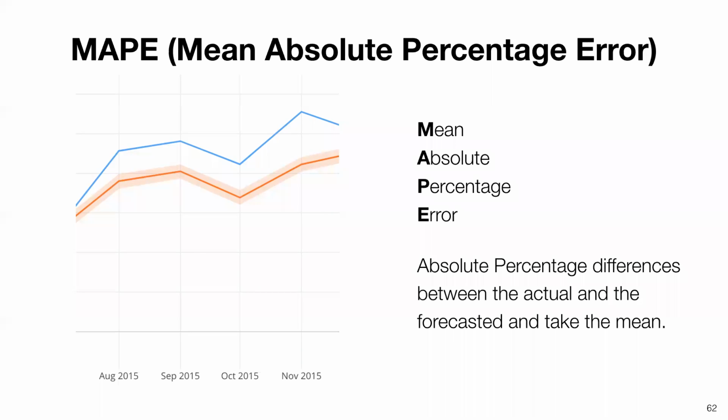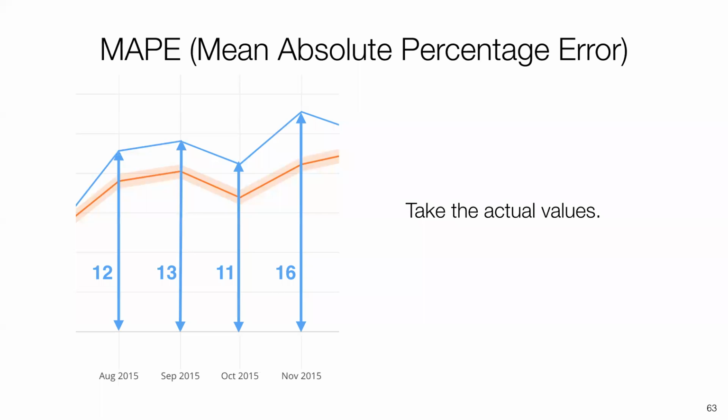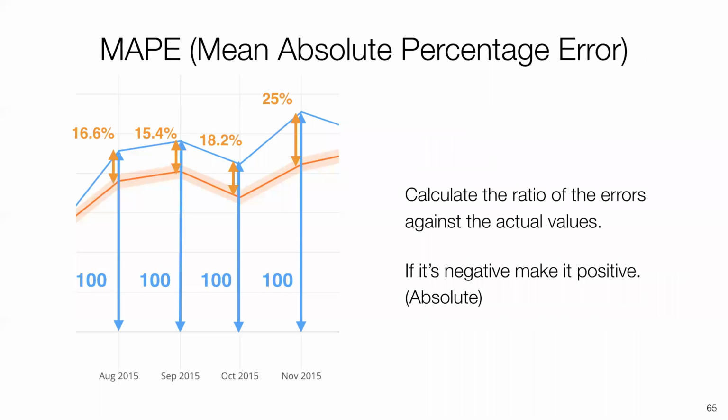So we want to make it a sort of percentage, the absolute percentage difference between the actual and the forecasted, and then take the mean. So what the percentage means: let's say that each actual value is 100%. So it's almost like this.